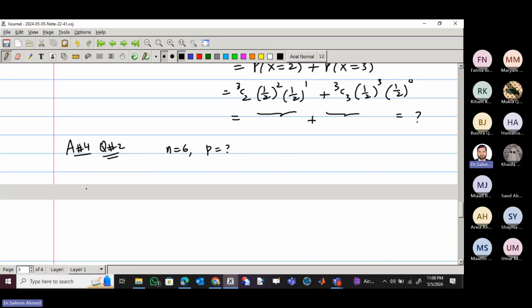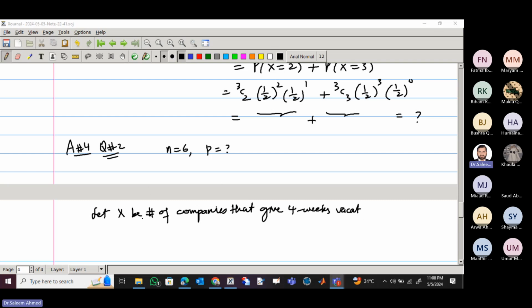So first I have to define: let X be the number of companies that give 4 weeks vacation to its employees.